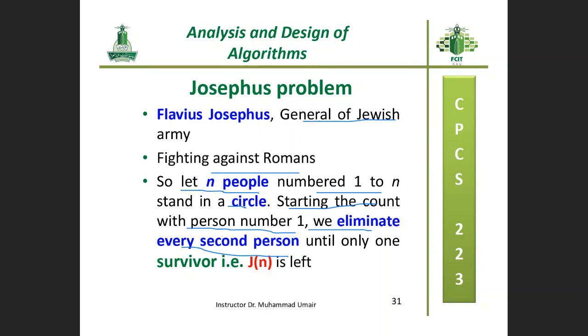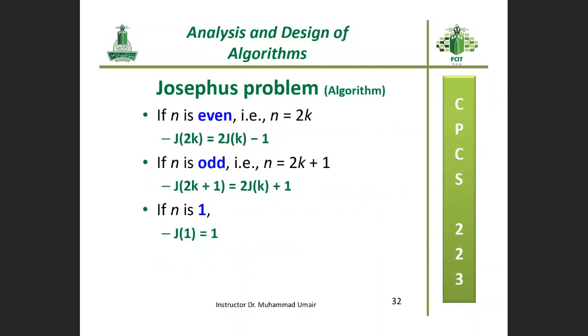Okay, so he invented the formula and he placed himself at such a location that he survived with one other person, and both of them ran away and saved themselves. So this was the formula which they used: if n is even, then your location must be 2jk minus 1.